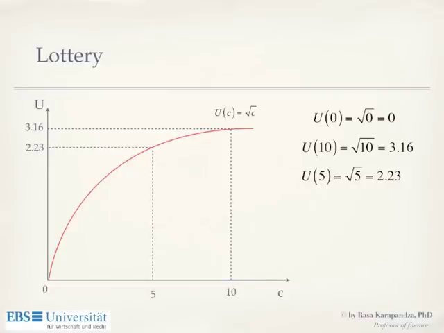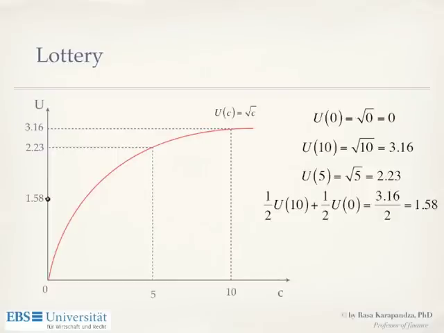Now, how much do you like to get 10 with probability 1/2 and 0 with probability 1/2? Well, 1/2 times what you get when you eat 10 cookies, 1/2 times what you get when you eat 0 cookies, this is 1.58. And you see, this is much less than what you get when you eat 5 cookies.